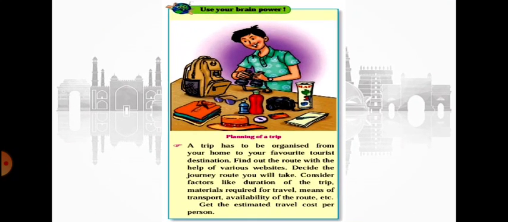Use your brain power. Planning of a trip. A trip has to be organized from your home to your favorite tourist destination. Find out the route with the help of various websites. Decide the journey route you will take.